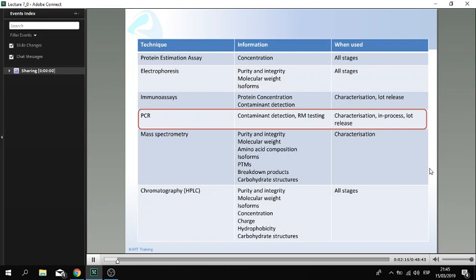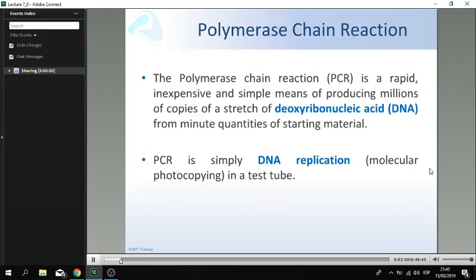And mostly it is used to help us detect contaminants, and the contaminants that we want to detect are things like pathogens, so things like mycobacteria, for example, mycoplasma, and also host cell DNA. So we want to check whether we have any contamination with host cell DNA, and it's used a lot for raw material testing, for testing of, again, contamination in our raw materials, as well as for testing contaminants such as viruses. So it can be used a lot.